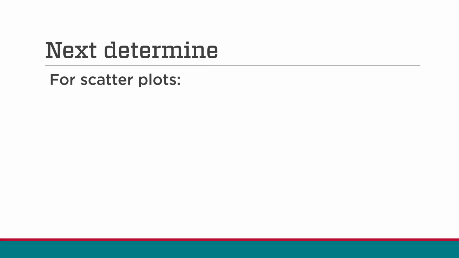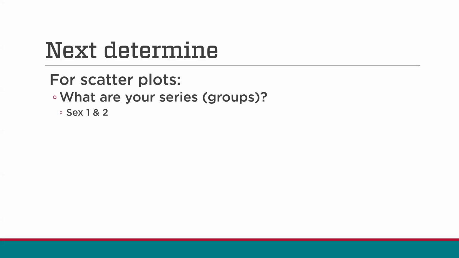Now that you know what type of graph, you need to decide what group you want to represent. Excel calls these series. So those series, again, as a reminder, are Sex1 and Sex2.